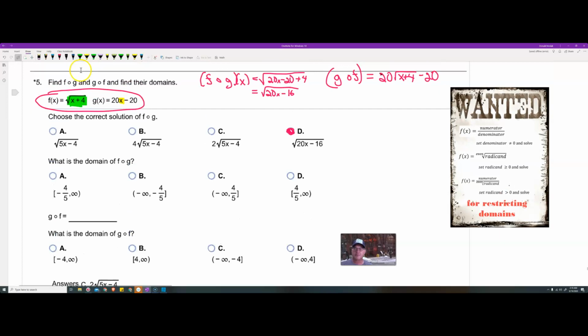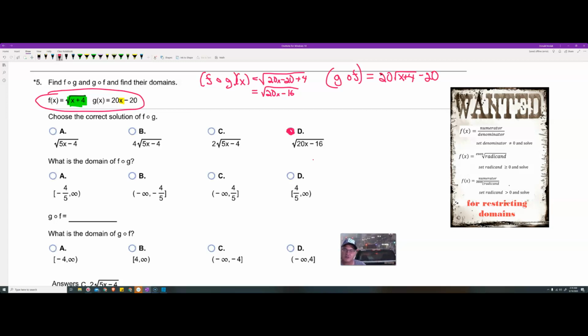Okay, so this next question is, what is the domain of f of g? So we're back to this right here. To get that domain now, I have to do two steps. One is to look at the domain of the inner function.